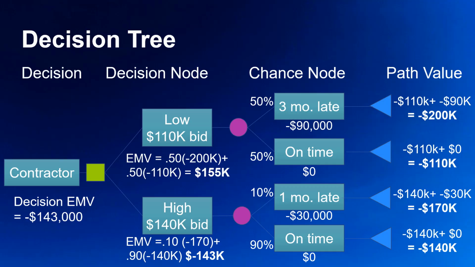Here is the completed decision tree with all the numbers added. It supports the decision that we have made. After going through each path and comparing the expected monetary value of each path, we should choose the path with the largest EMV and opt for the contractor who bid $140,000. With decision trees, you may have quite a few calculations to make.